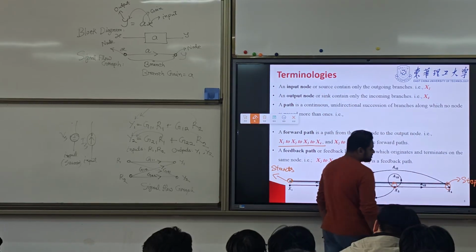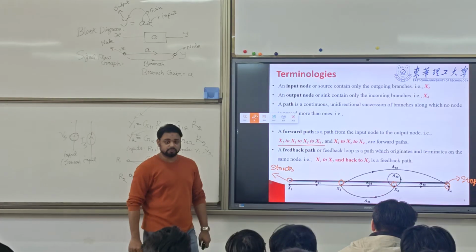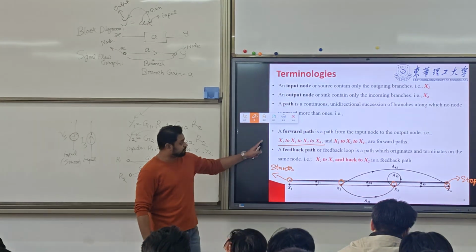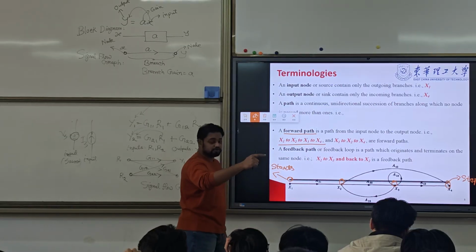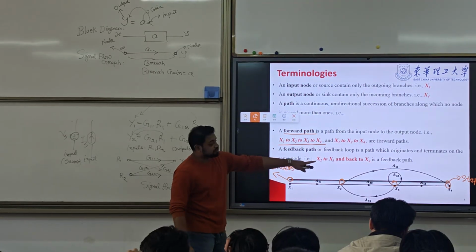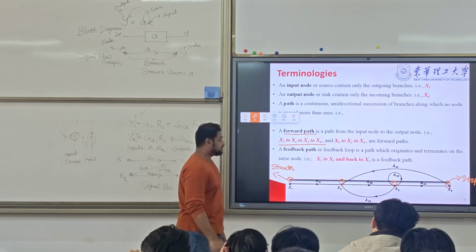The path starts from the input, stops at the output. So a forward path will be a path which will start from an input node and it will stop at the output node. From input to output, the whole path.